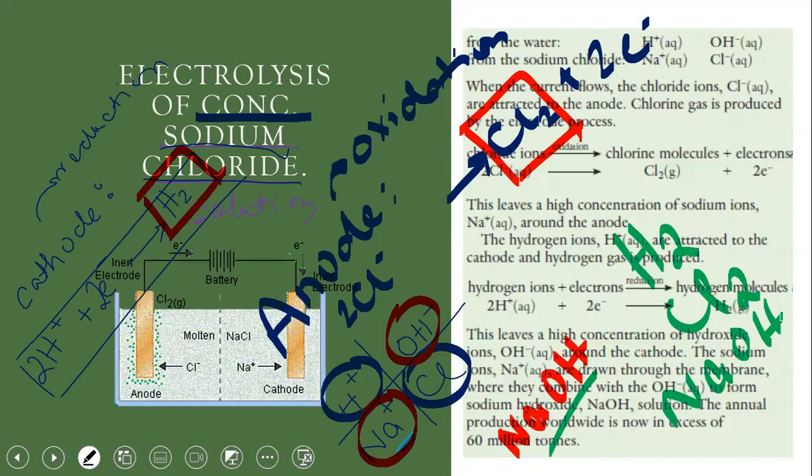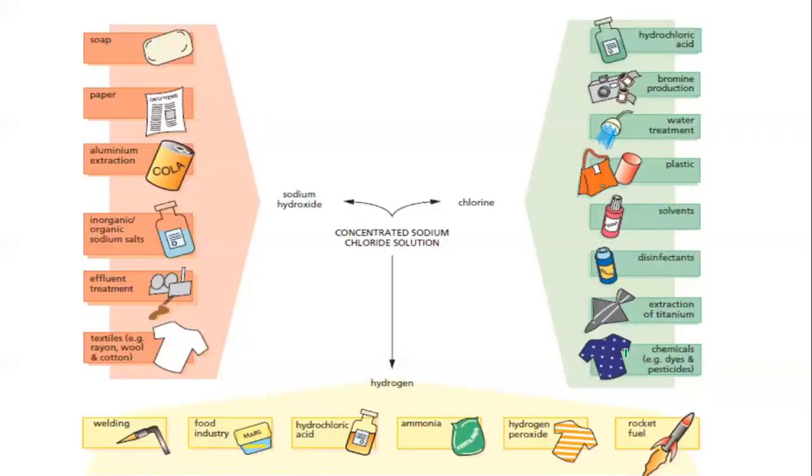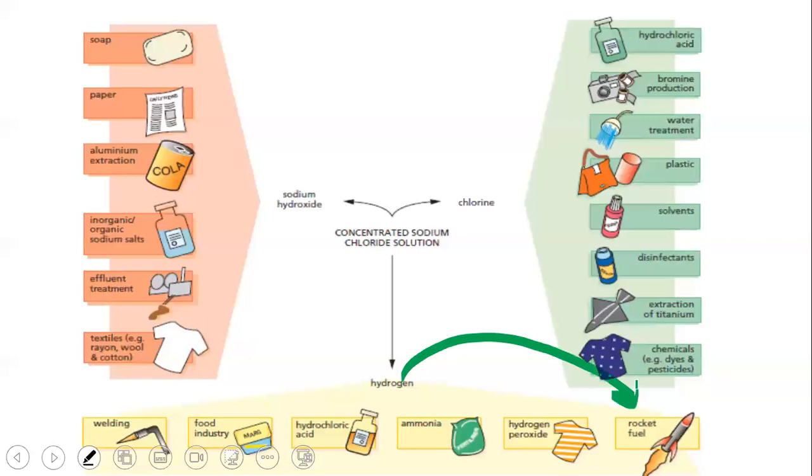They do this process in industries, and the reason they do it is because they get these 3 products. These 3 products are really important. Hydrogen, for example, is used as rocket fuel.